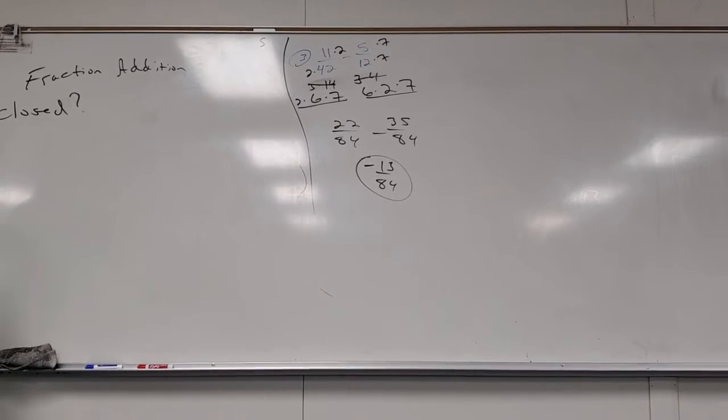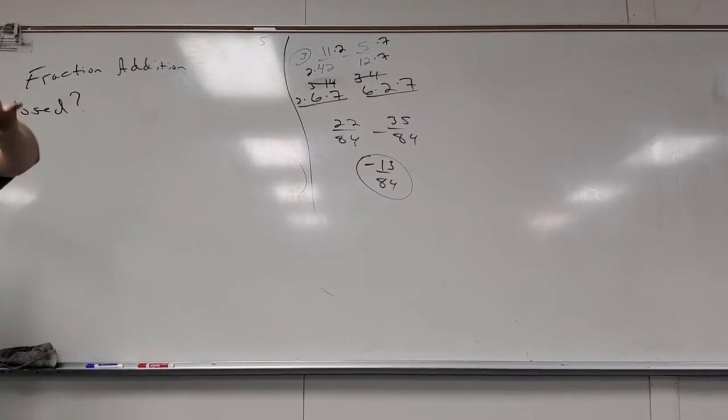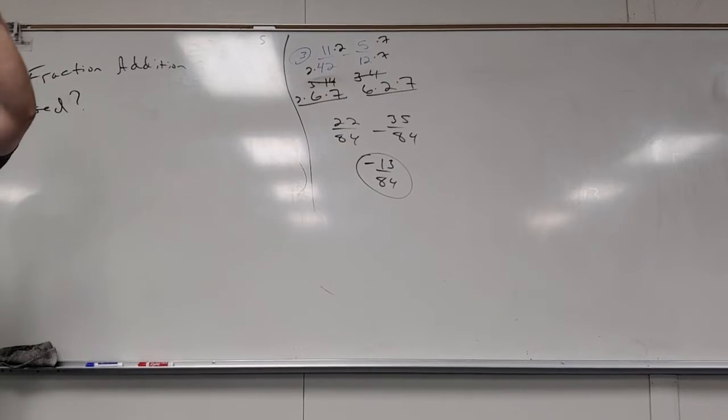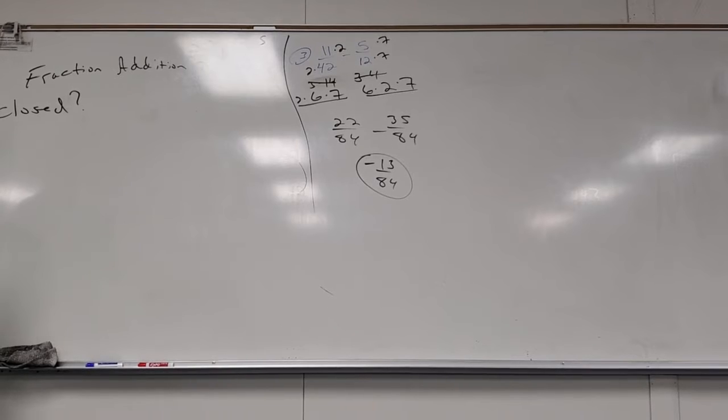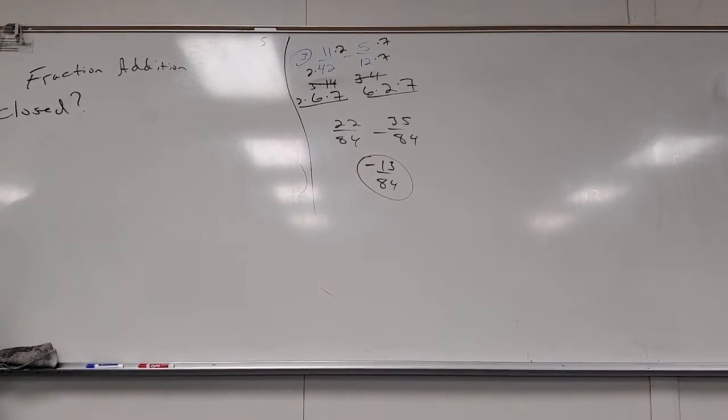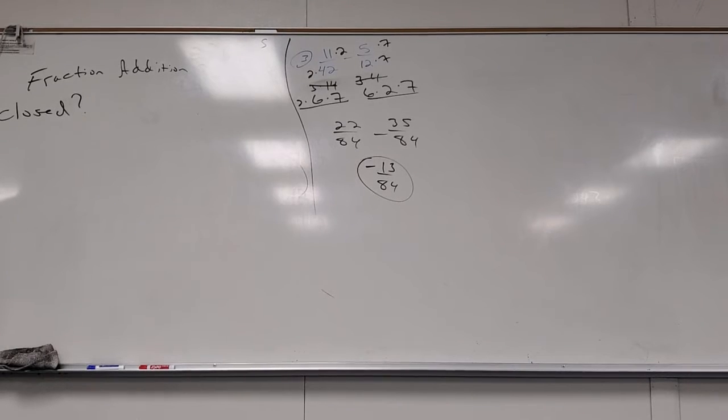If I add any two whole numbers, then the answer is a whole number. That means that the set of whole numbers is closed under addition. But are the whole numbers closed under subtraction? Can you subtract two whole numbers and get an answer that's not a whole number? Yes. 2 minus 7, right? So whole numbers are not closed under subtraction.